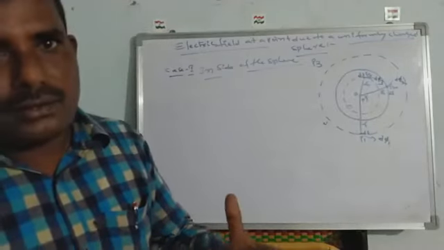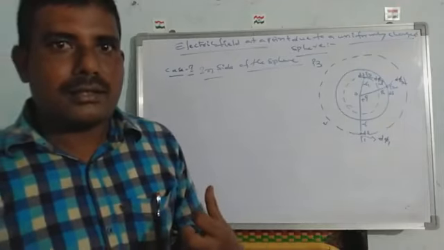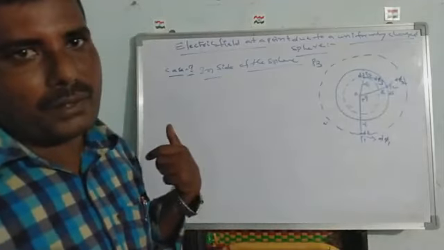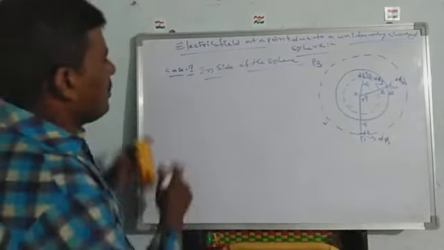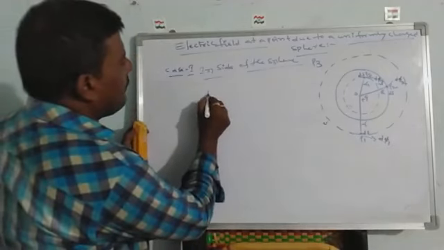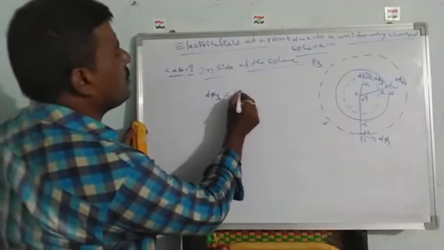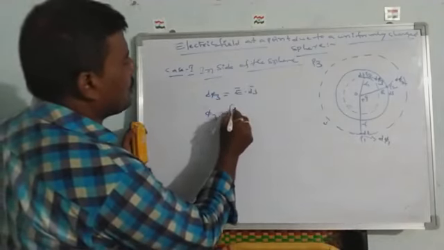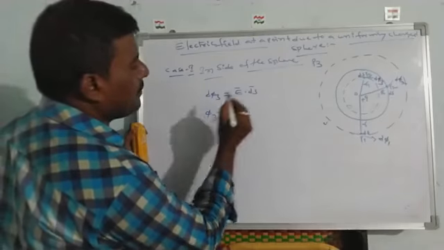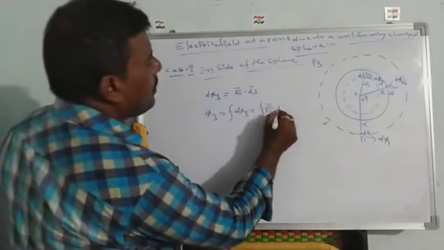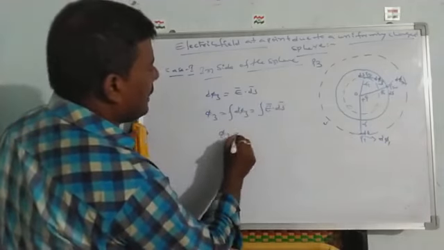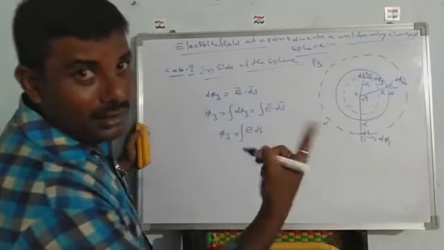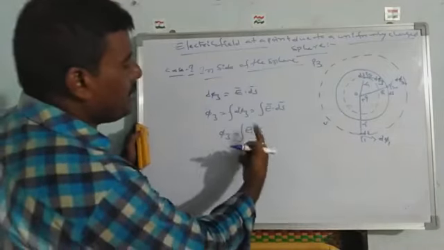For our convenience we can take the fluxes as d phi 1, d phi 2, d phi 3. So phi 3 equals the integral of d phi 3, the integral of E bar dot ds bar. Phi 3 equals the integral of E ds cos theta. Theta equals 0, so that means E ds.